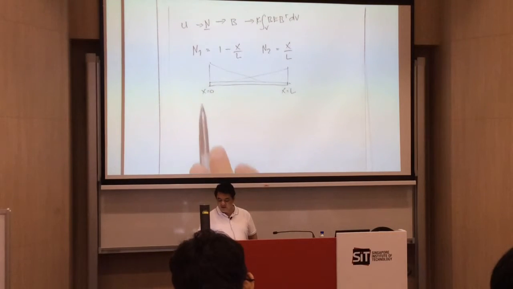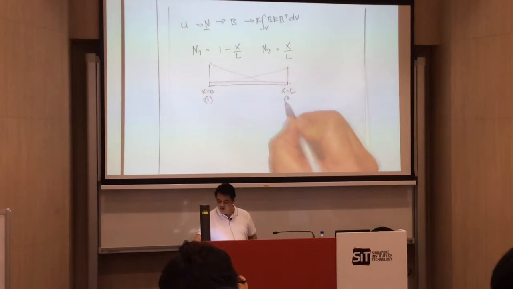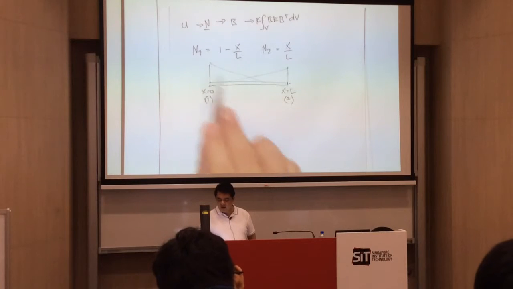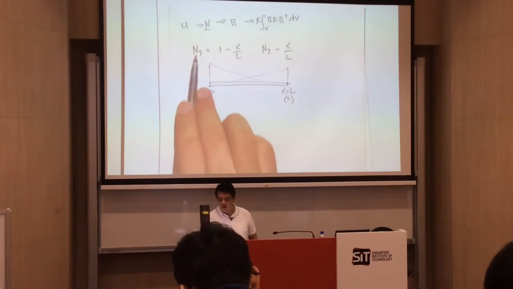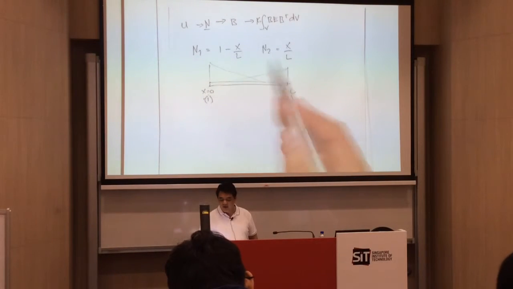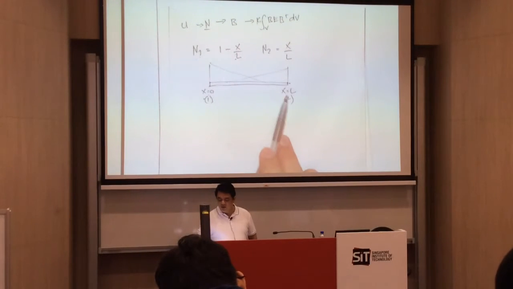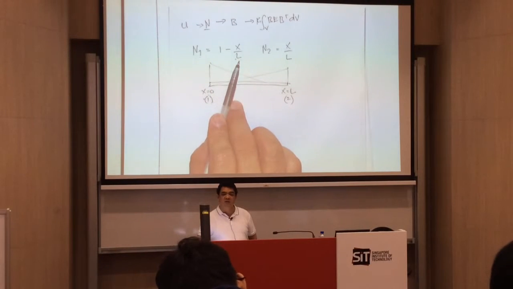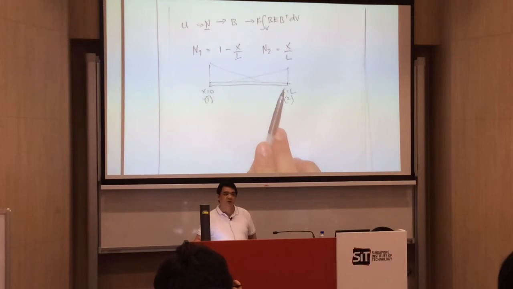So for shape function 1, when x is equal to 0, N1 at node 1 is equal to 1, because x is equal to 0. N1 at node 2, where x is equal to L, is 1 minus L all over L, or 1 minus 1, which is equal to 0. So N1 at 2 is 0.